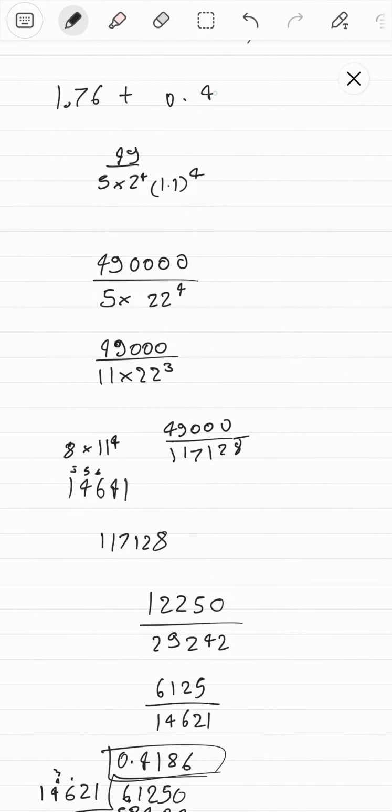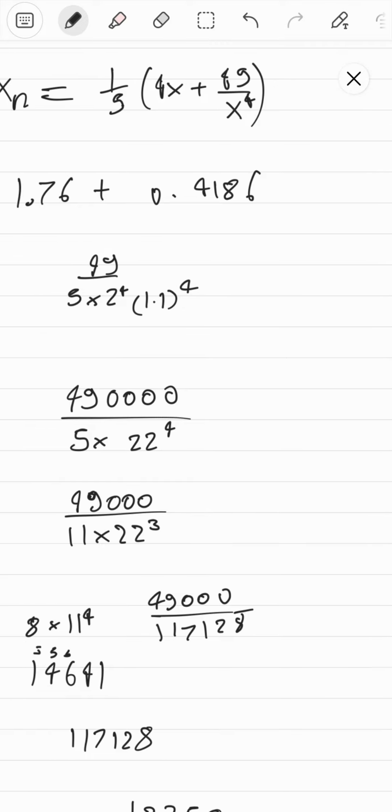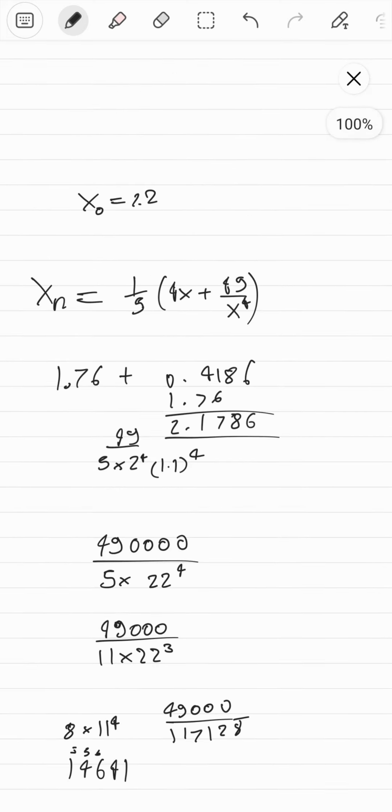So plus 0.4186, and then when you add these up, so 1.76 plus that guy, 6 8 7 1, you got 2.1786, and the real answer is 2.1779. So I guess that's, I mean, close enough, right? Yeah. 2.18 or something, that's how we'll round it off. So it's approximately 2.18, right?